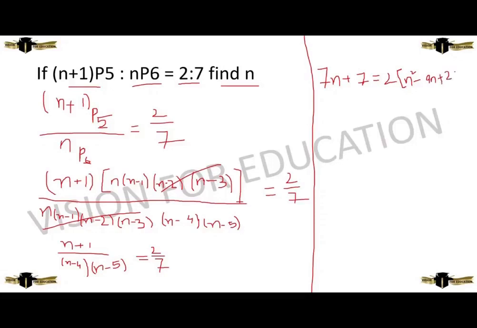Now we are going to simplify this. 7n plus 7 equal to 2n squared minus 18n plus 40.